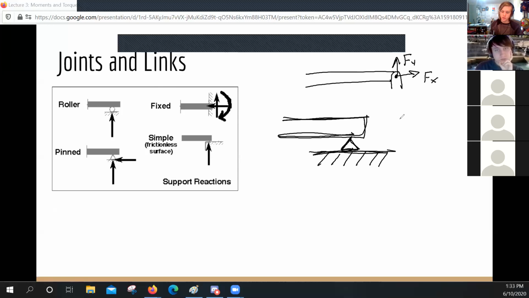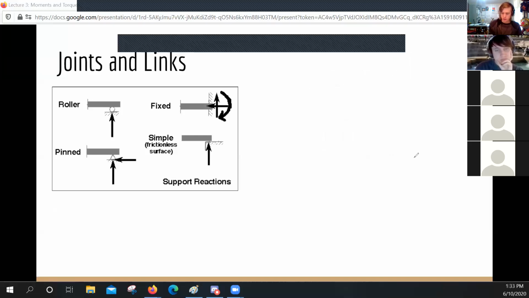The reason these are important is when we start looking at actual systems, we're going to start using some of these. So if we have a robot, right, and it's got wheels, the wheels here are both roller joints, so we know that we can just put single forces on them.